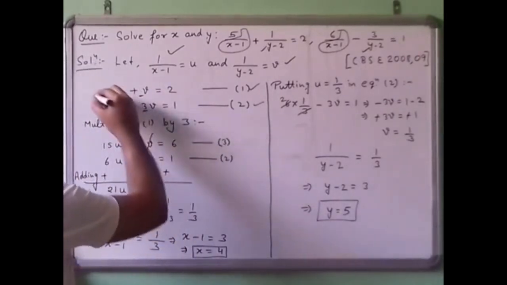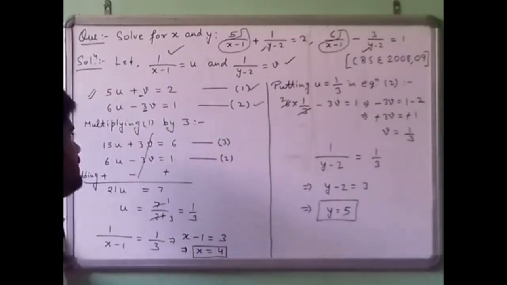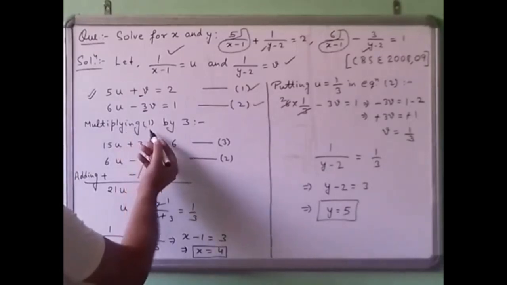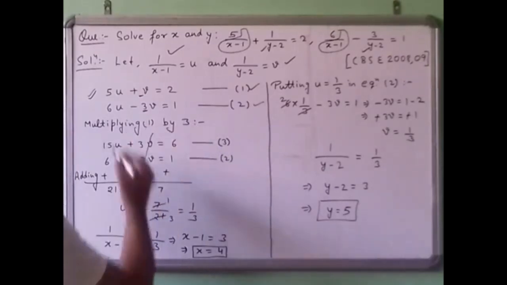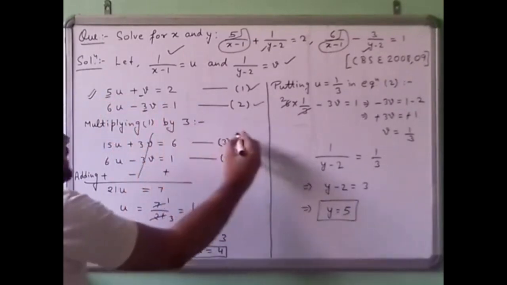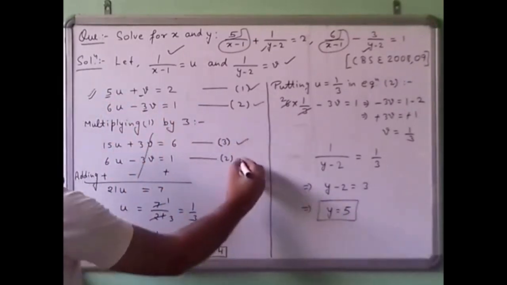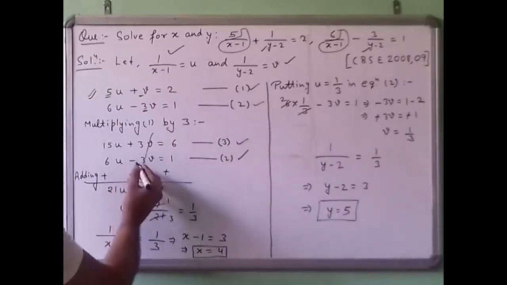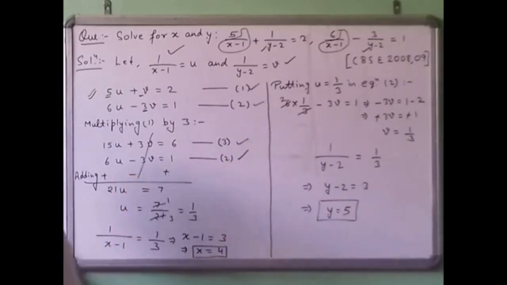So multiply equation number 1 by 3: 5 times 3 is 15u, 3 times 1 is 3v, 3 times 2 is 6, equation number 3, and your equation number 2 is 6u minus 3v equal to 1.